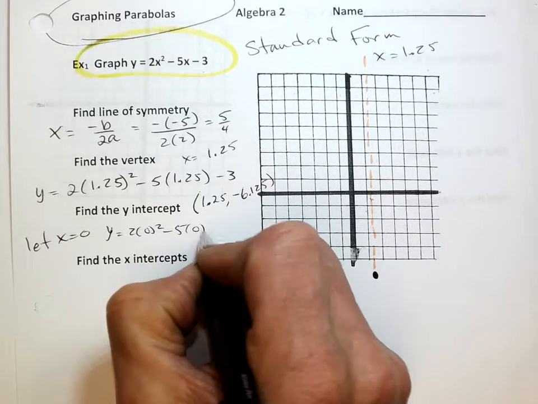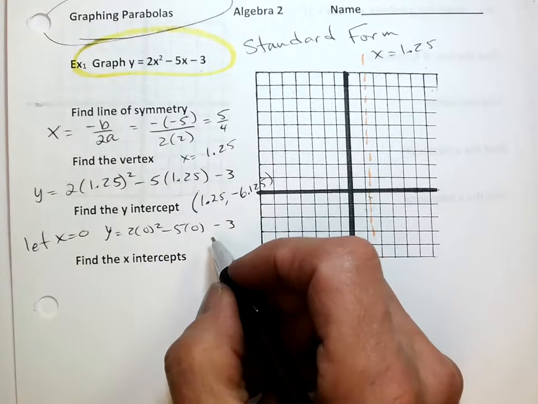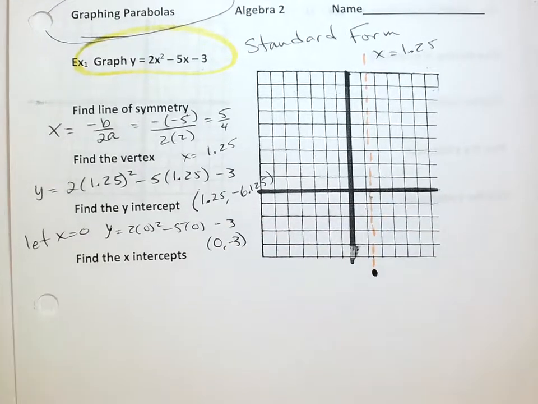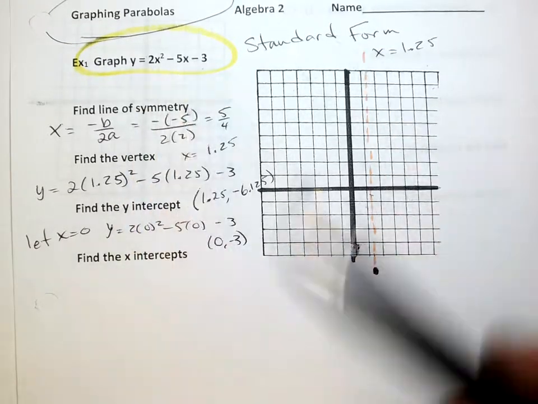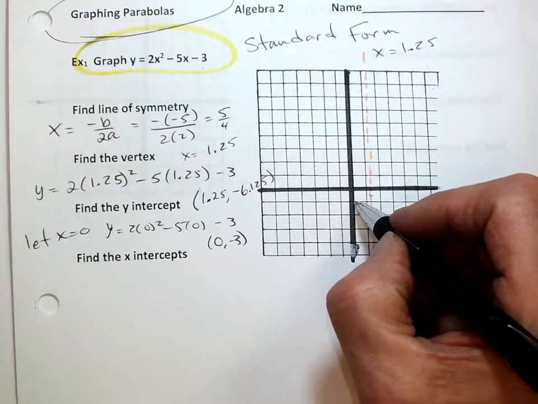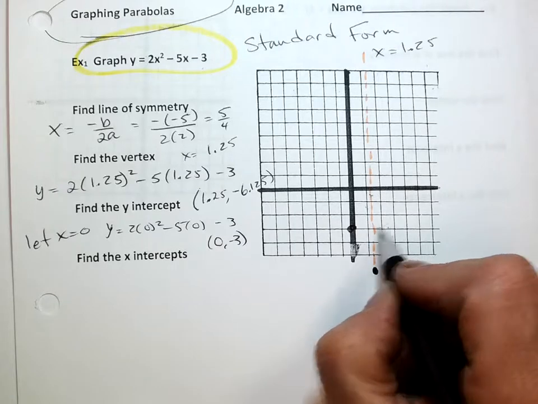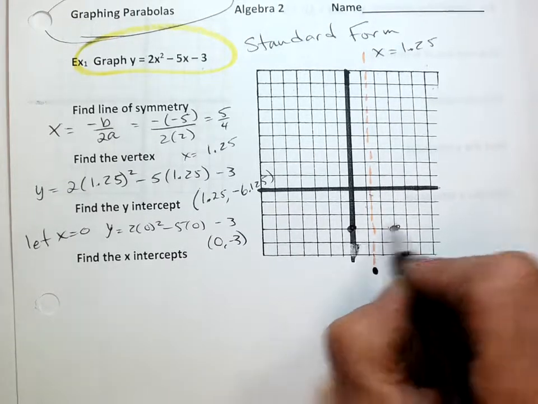I really get negative 3, so the y-intercept is 0, negative 3. I'll plot that, and I can put the other point on the other side of the line of symmetry, about there.